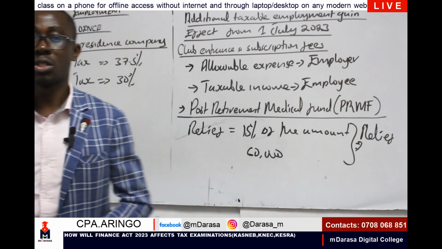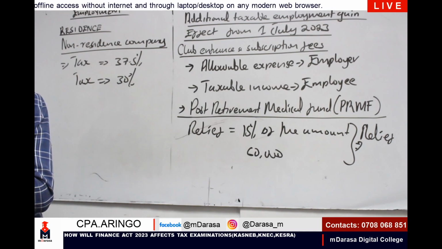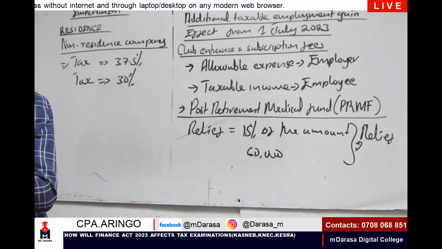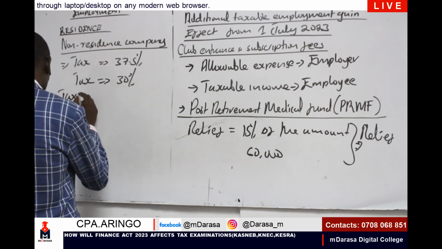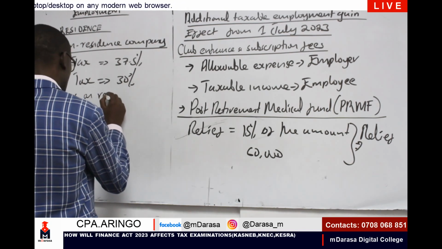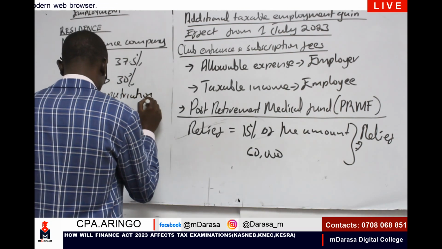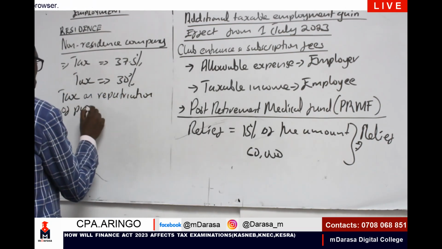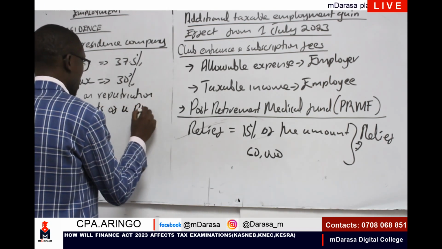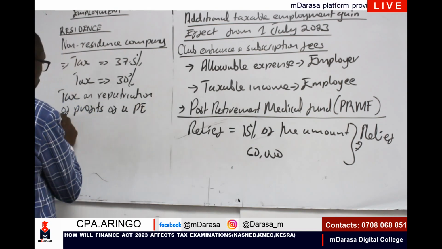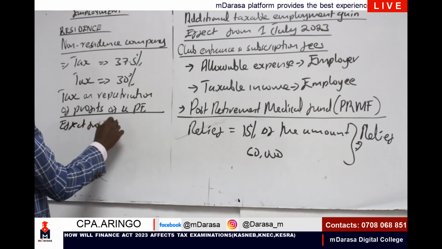There is an aspect that has been introduced, which was not there before: tax on repatriation of profits of a permanent establishment, with effect from 1st January 2024.